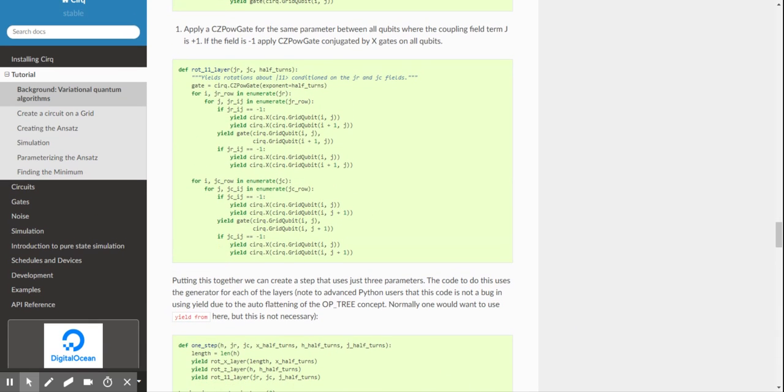So let's take a look at the code in here that does this. Yields rotations about 1-1 conditioned on the JR and JC fields.